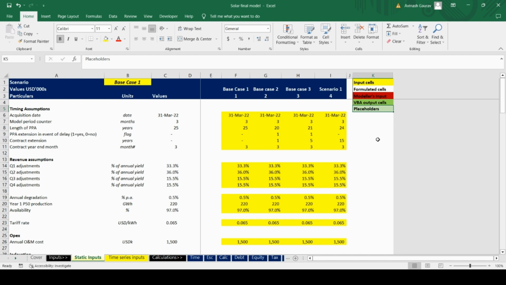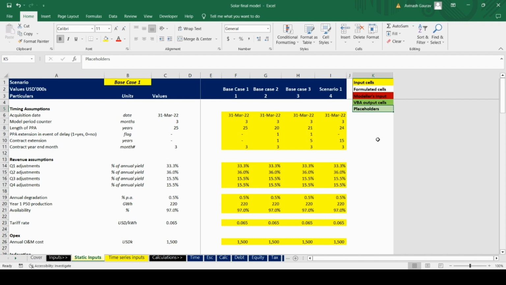So guys, if you follow these particular things, then believe me, your model looks very clean and very professional. And whenever you are applying for any job, and there is any modeling test, the company taking the test always checks whether your model is fast standard or not, whether your model has separate aggregation for inputs, calculations and outputs or not, whether it has any formula breaks, whether it has any hard coded constants inside the formula, right?